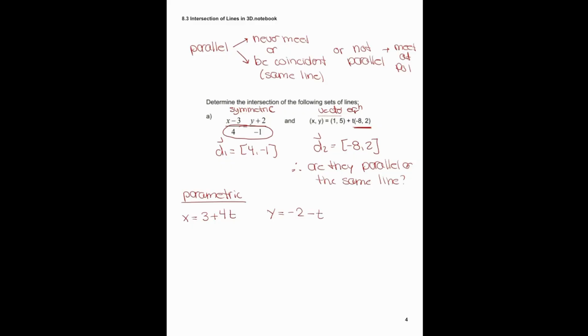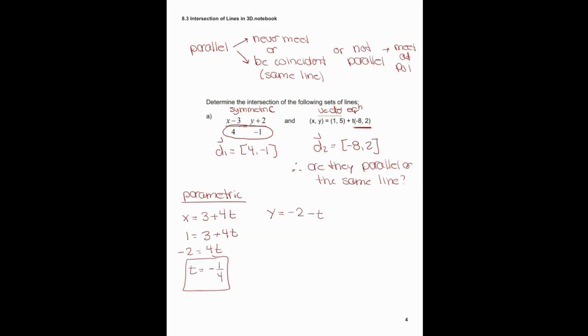Okay, so now let's check the point (1, 5). If x = 1, what does t equal? Rearrange and solve, we get -2 = 4t, so t is going to equal -1/4. Now, if they are the same value, then the point lies on the other line. If they're not the same value of t, then they do not share that point, which means they are parallel and distinct.